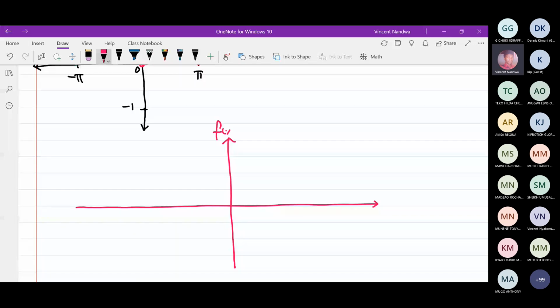So this is 0, say this minus pi, this minus 2 pi. So this is pi, this is 2 pi, and say this is 1. So this is minus 1.